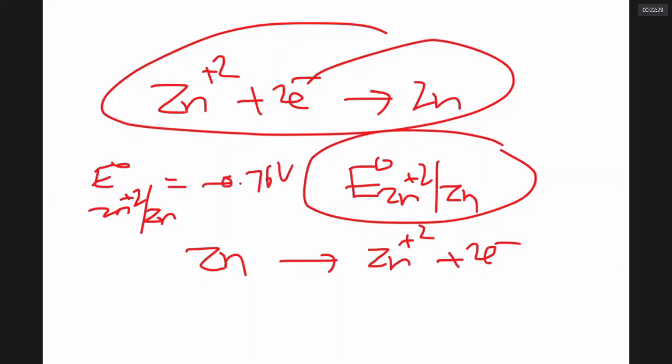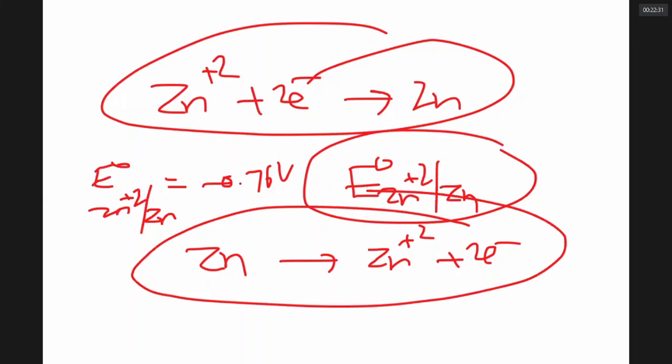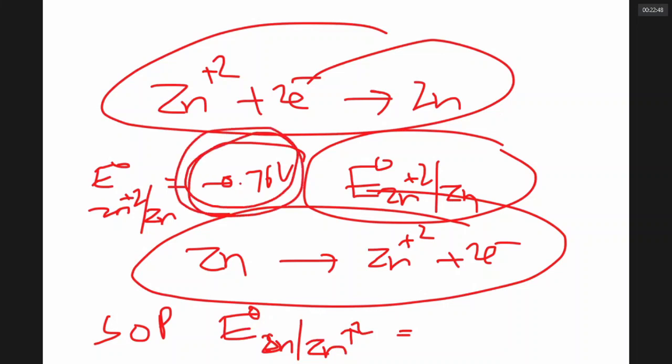But if you are changing the direction, then it is called standard oxidation potential. The standard oxidation potential of zinc, E0 Zn by Zn2 plus, is exactly the same magnitude as the reduction potential but with opposite sign: plus 0.76 volts.